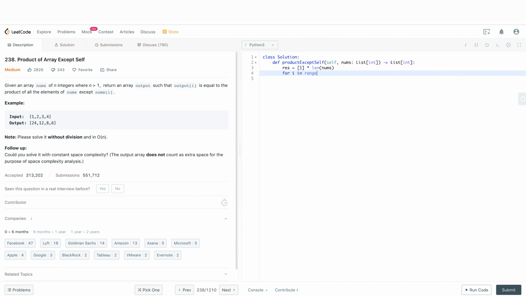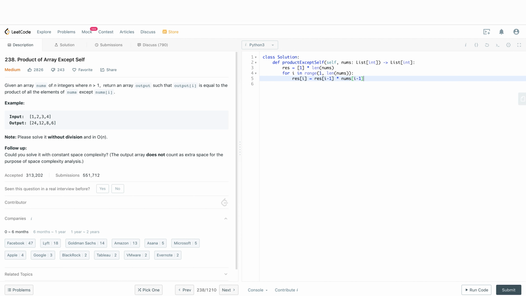So for i in range, we're going to start from the first index, not the 0th, because we want to multiply by our current index minus 1. And then it ends here. So then we're going to multiply from the back one, plus the input array, which is 1.